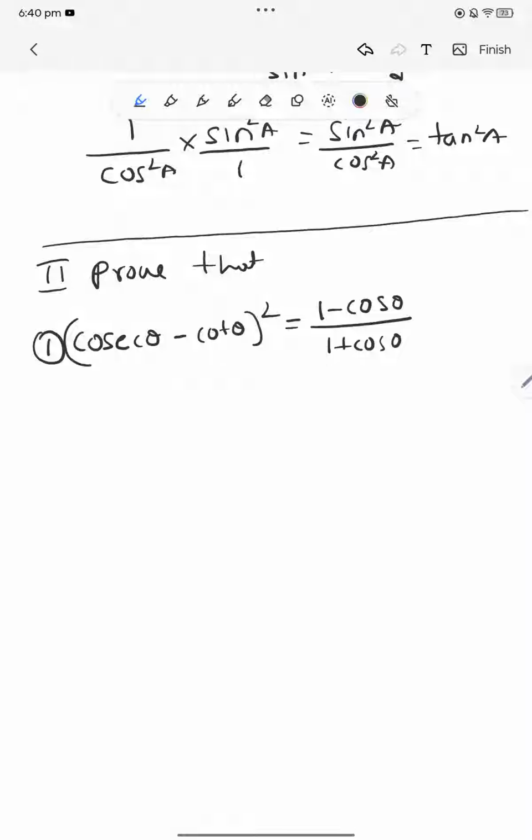This is the left hand side and this is the right hand side. What you have to do is take the left hand side and prove the right hand side. Let us take LHS: (cosecant theta minus cot theta) whole square.